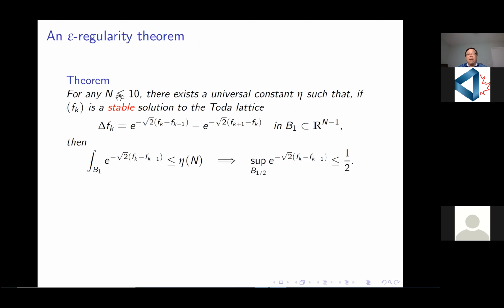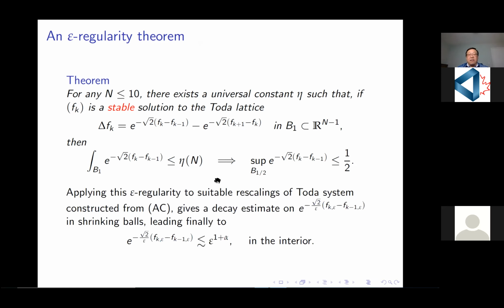So if we have n less than or equal to 10, and a stable solution to the Toda system, then we have a uniform L1 bound on the forces. Now, if you have a uniform L1 bound, then you can have a pointwise lower bound on the distance between these two leaves.